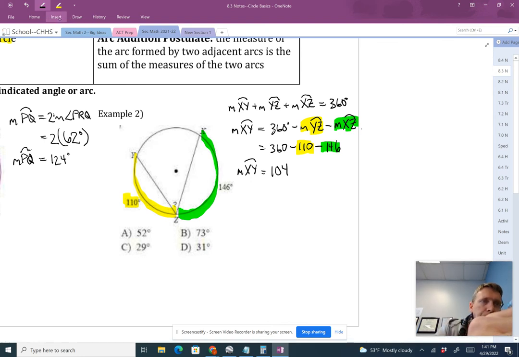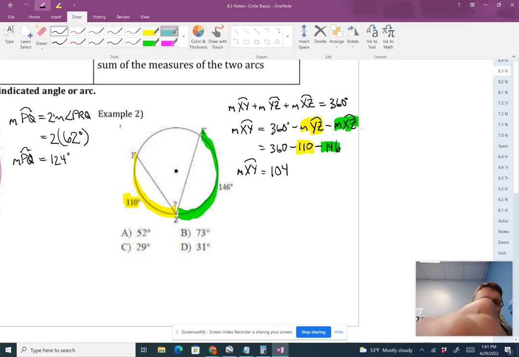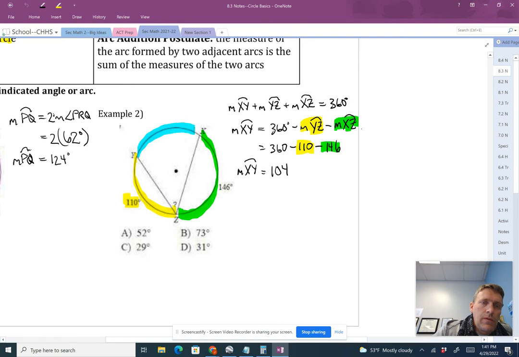However, this right here is 104 degrees, but you say, hey, I don't see 104 degrees in here. Well, we're looking not for that arc degree, but for the inscribed angle.